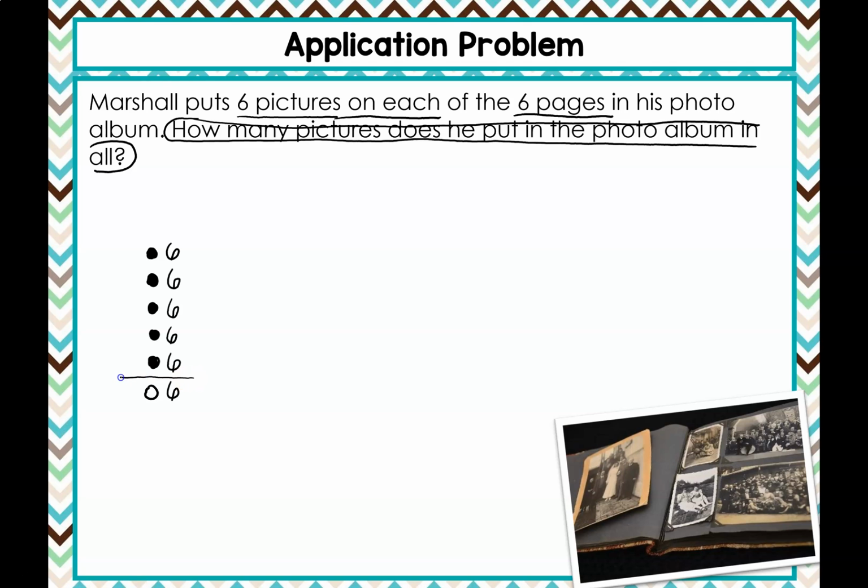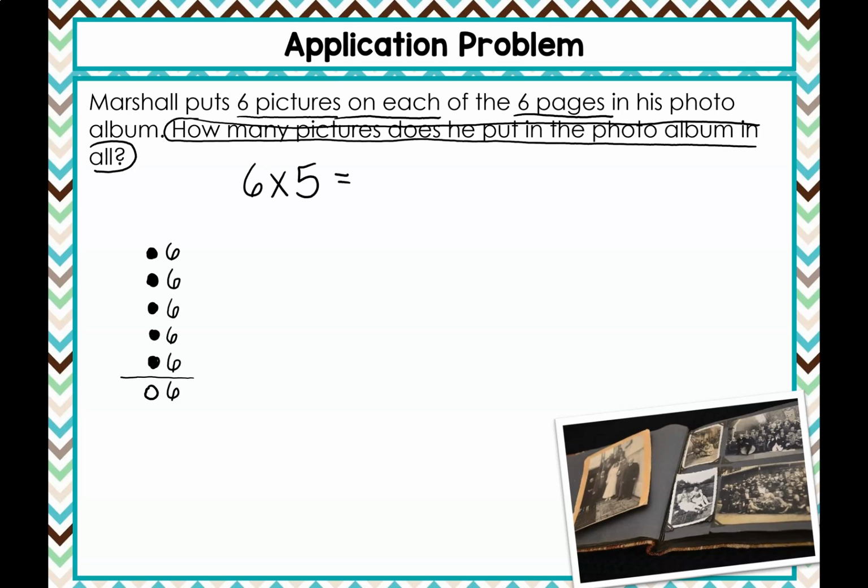But we're pretty good with our 5s. So let's think about if we have 5 6s here. Our multiplication problem would be 6 times 5, and we just talked about how we don't feel super comfortable with our 6s, but I know we feel comfortable with our 5s. So we could count by 6 5 times, or we could count by 5 6 times.